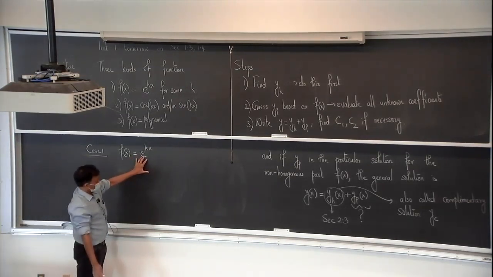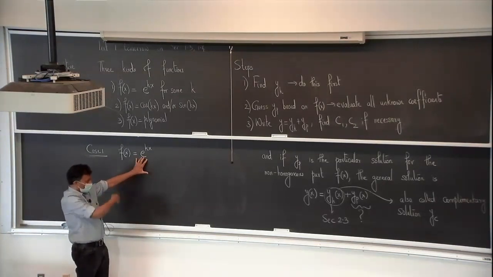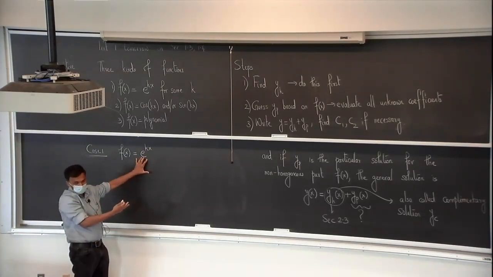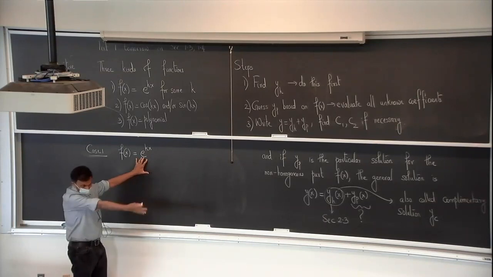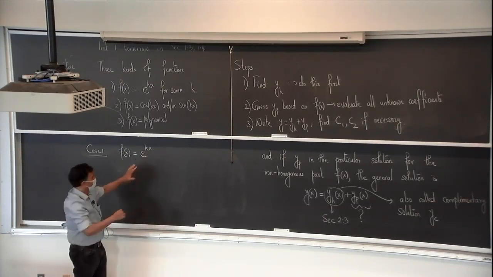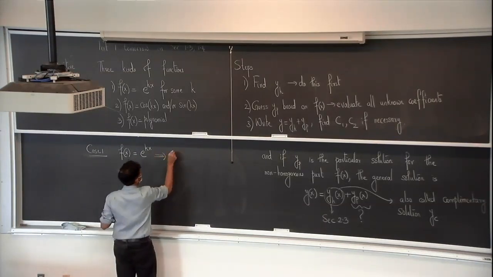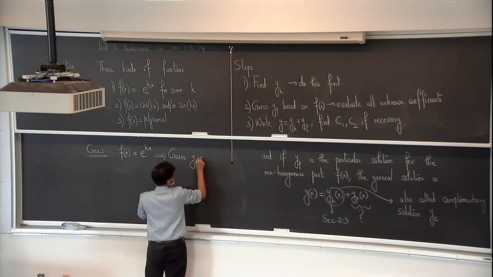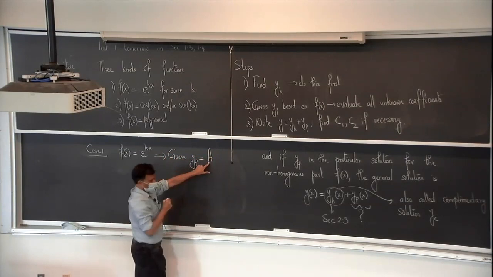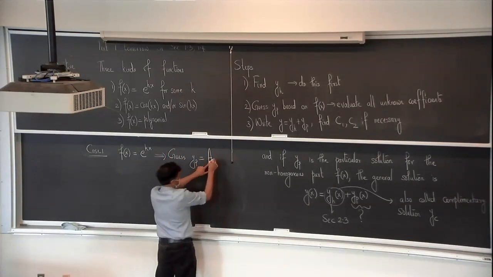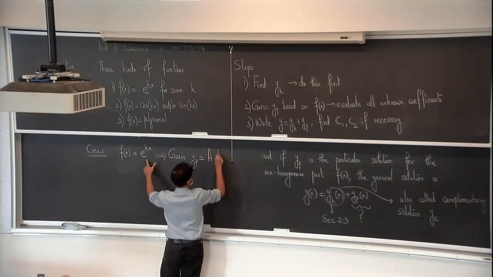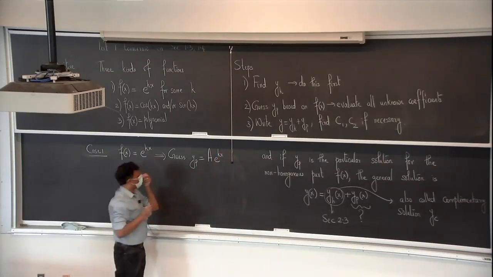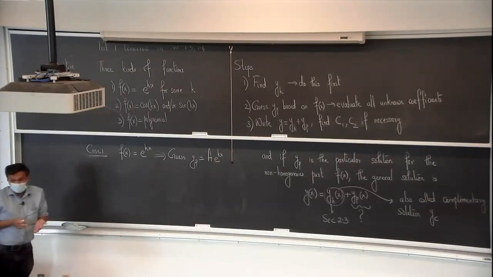We are expecting an exponential function on the right hand side, so the left hand side had better be exponential too. You cannot have sine and cosine here and then expect e on the right side. So you'll guess YP to be some coefficient, this is the part that you're trying to solve here, times the same exponential function. That's why it's an educated guess.